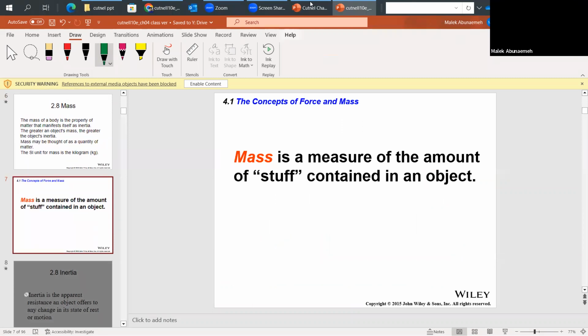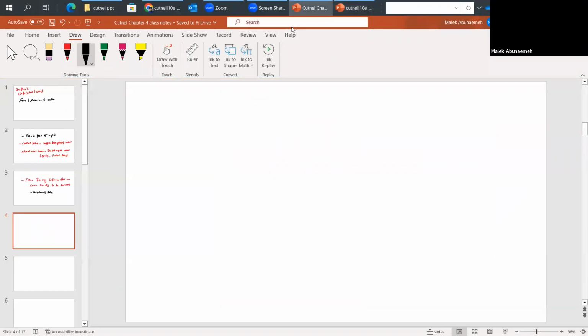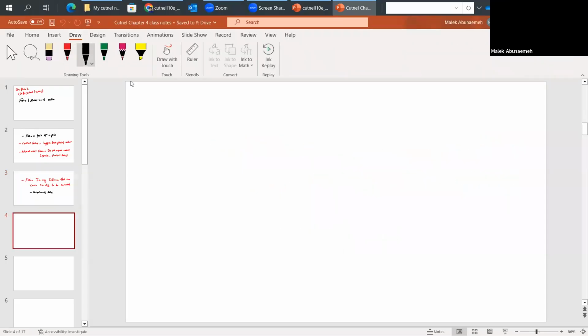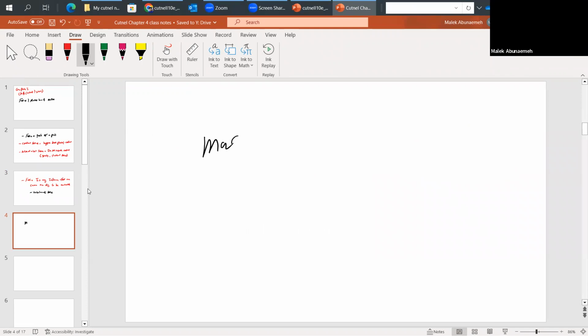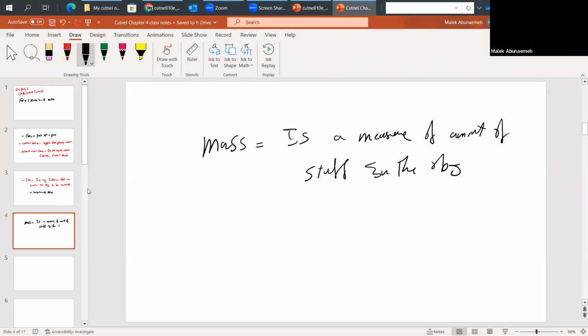Let's go ahead and write that down. So your mass is a measure of the amount of stuff in the object, and the unit for it is kilograms.